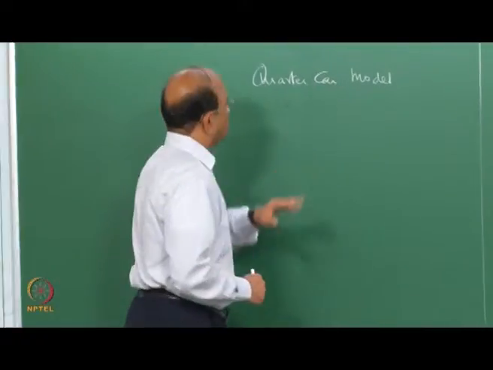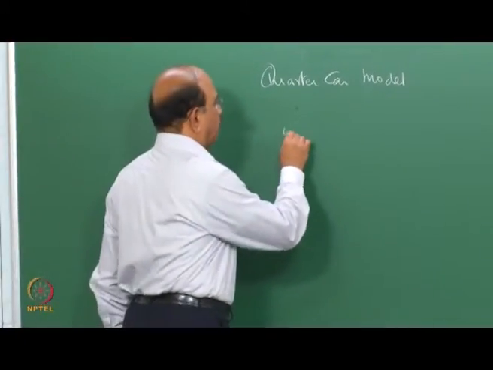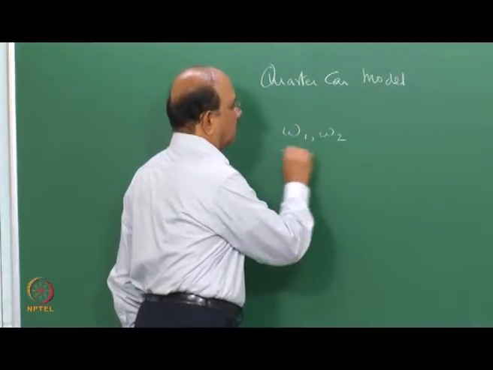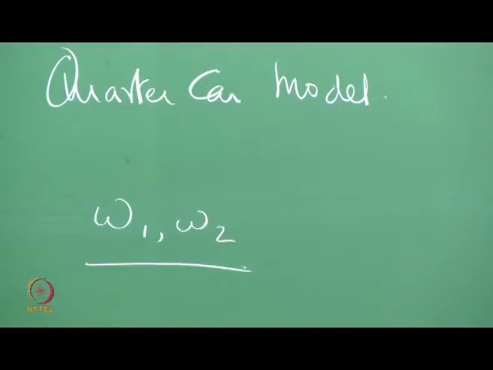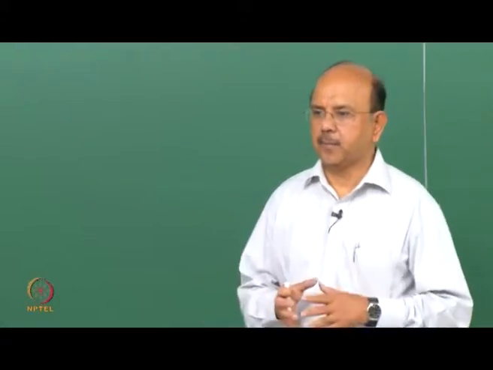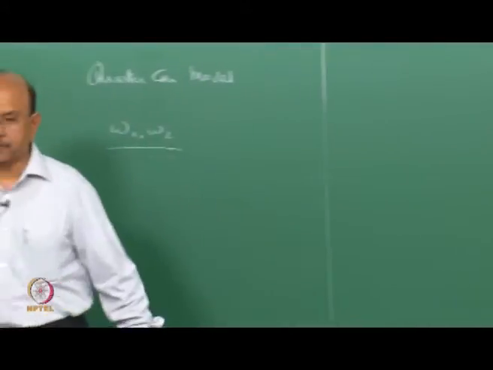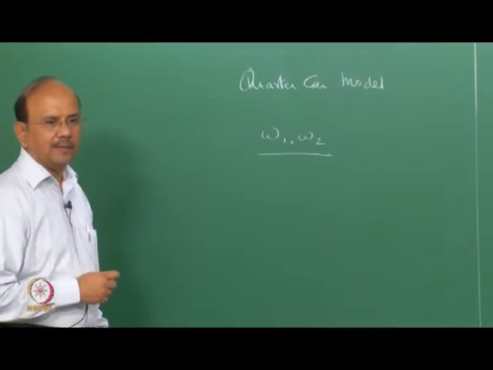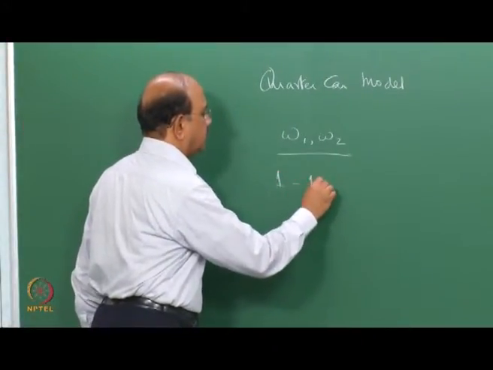Okay. So once we did this quarter car model, we also found out two natural frequencies, omega 1 and omega 2. And we said that these natural frequencies are spaced such that one of the natural frequencies, the first omega 1, the lower one, is between 1 to 1.5 hertz.